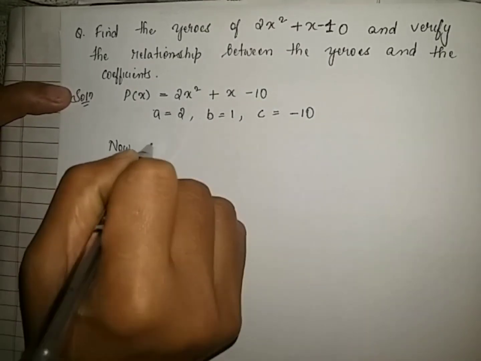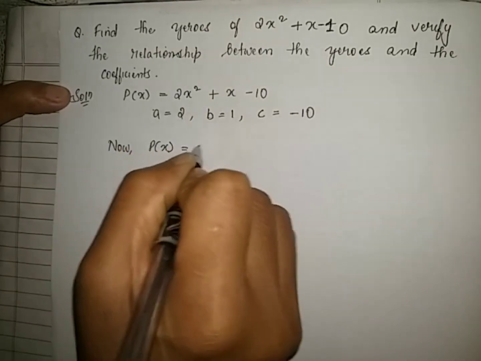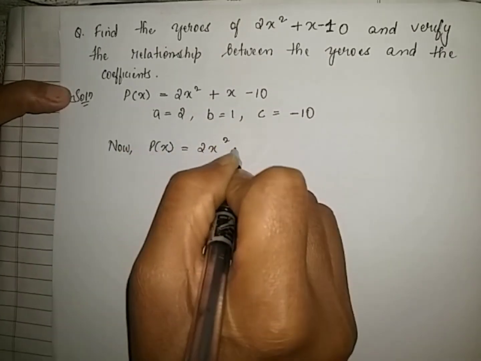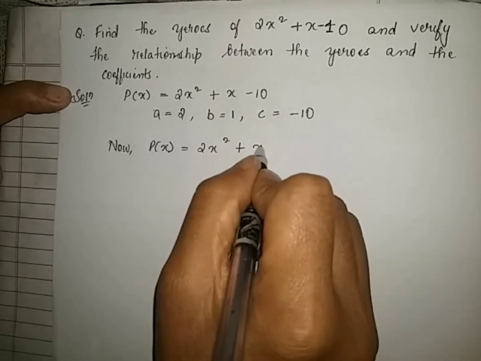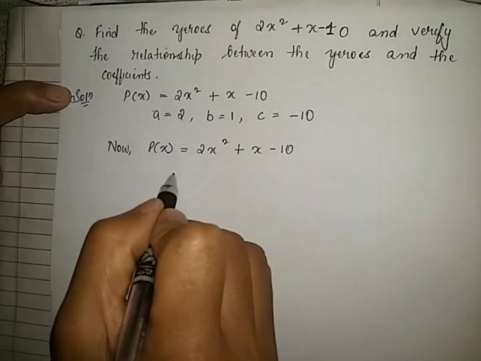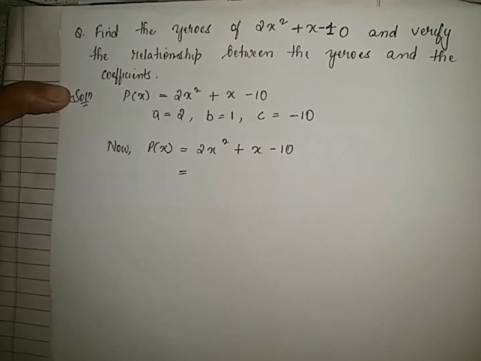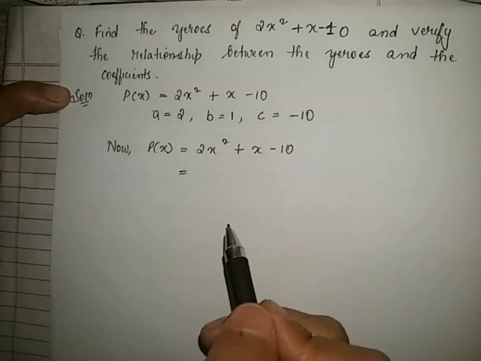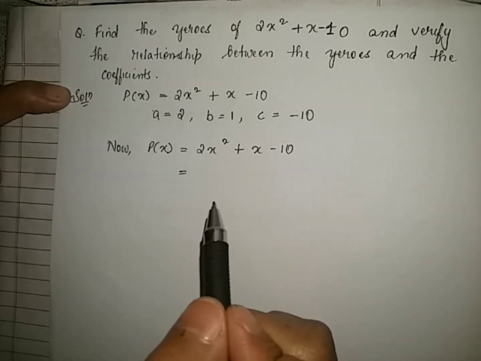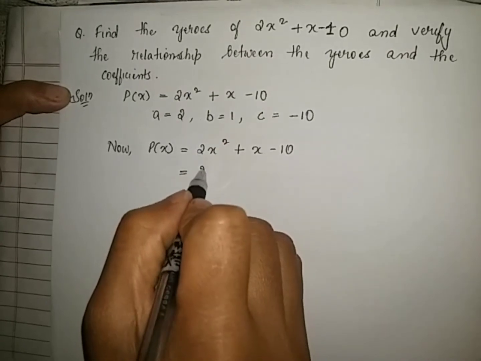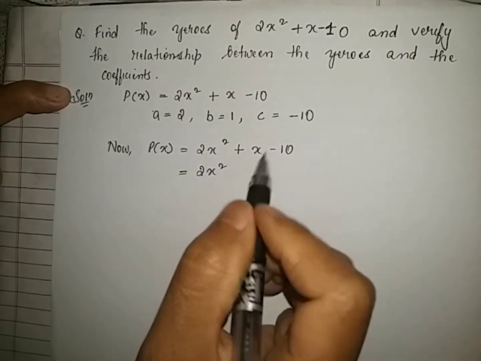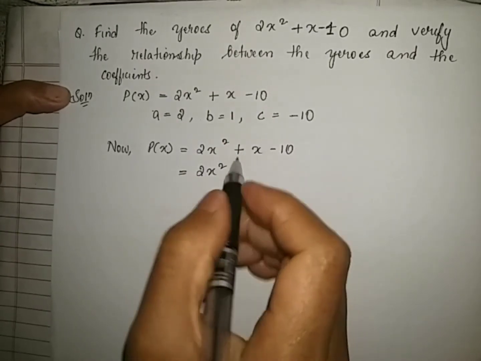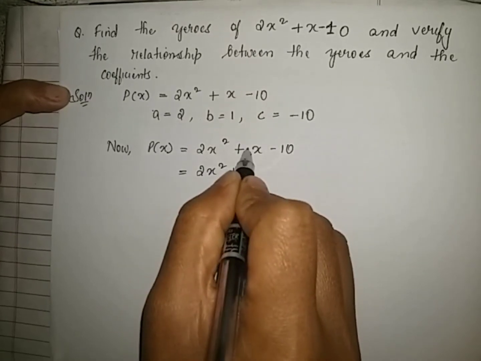Now, p of x is equal to 2x squared plus x minus 10. We will find the zeros of this polynomial by splitting the middle term. Our middle term here is plus x.